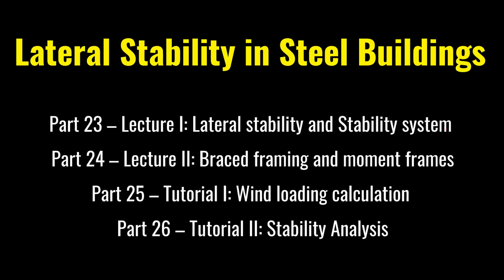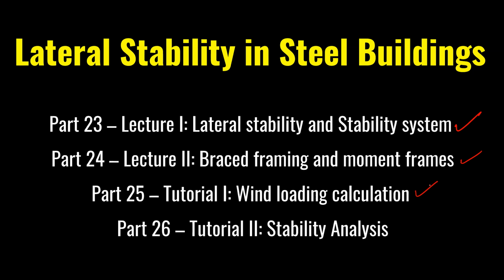I have divided lateral stability in steel buildings into four parts. The first part, which I'm going to talk about today, is part 23 of the 30-part lecture series on steel design. This is lateral stability and stability systems. The second part is part 24, which is about braced framing and moment frames. The third part is part 25, which is a tutorial on wind loading calculation.